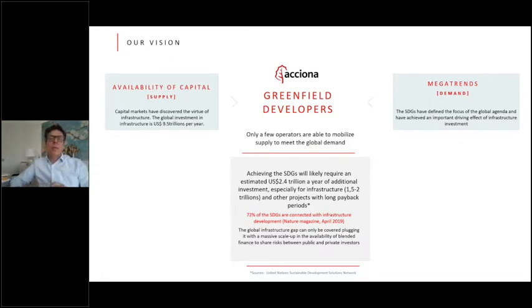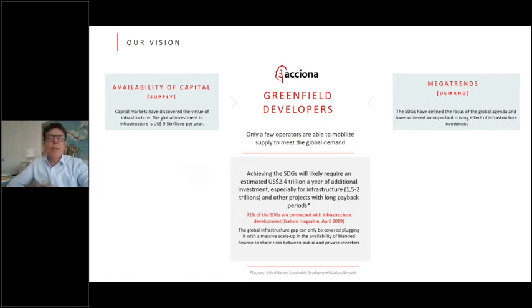But our understanding of what is happening is based on very good signals about how megatrends are driving the investment of the public sector, and we see the availability of a huge amount of capital in the market, and only a few greenfield developers who can offer solutions to link both the needs and the capital availability.